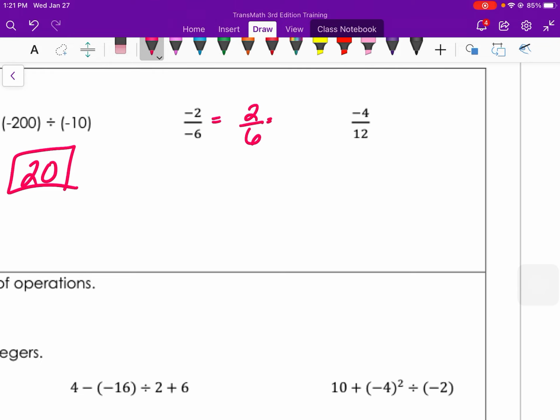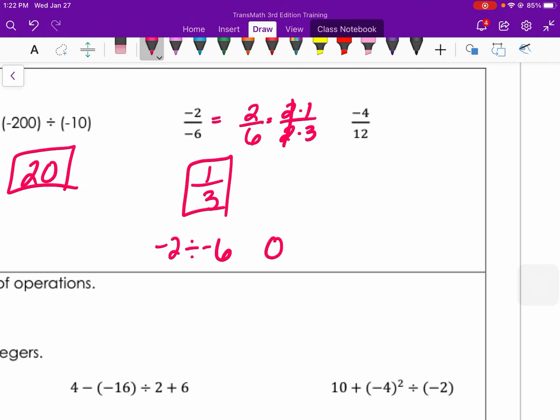And then it simplifies by 2. So 2 divided out of 2, and 2 divided out of 6, you can make it positive 1/3. If you took -2 divided by -6 in your calculator, you would get 0.3 repeating. That's the decimal that goes with 1/3.